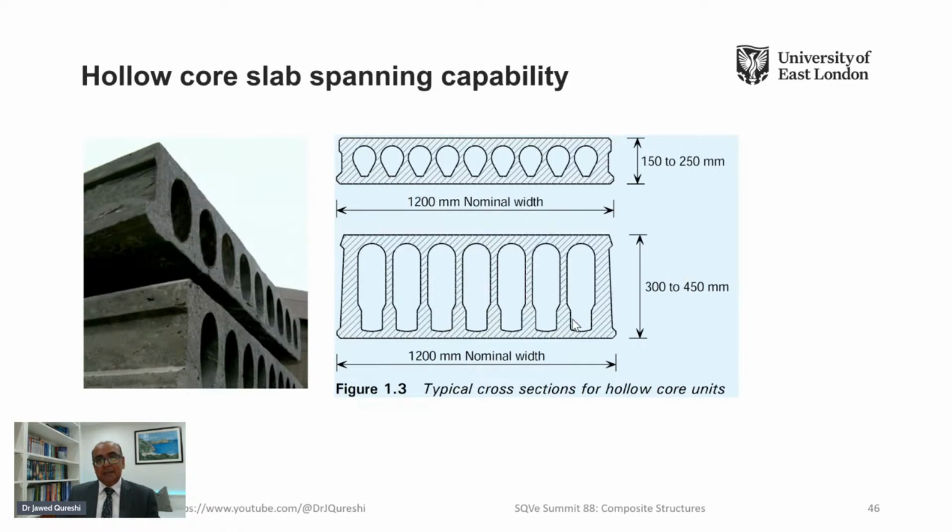Now, hollow core spanning capability: for normal hollow core slabs, 150 to 250 millimeter, we use these hollows you can see over here. And for deep decks, 300 to 450, you can see that the shape of these hollow portions is different.